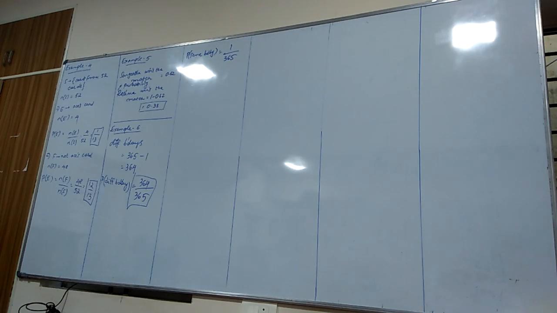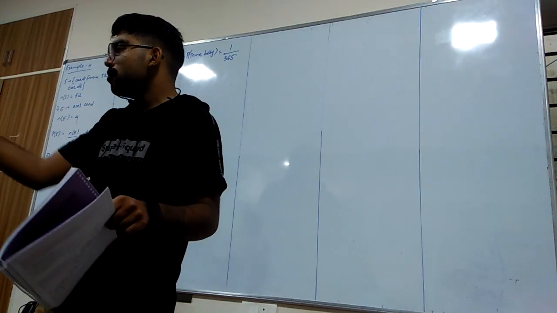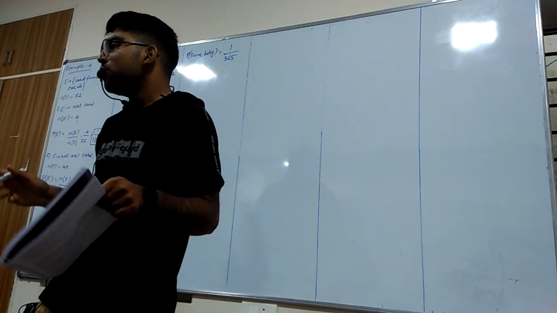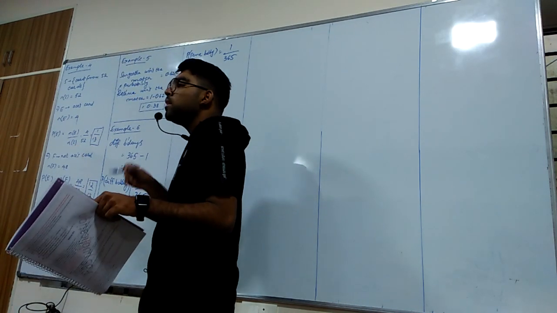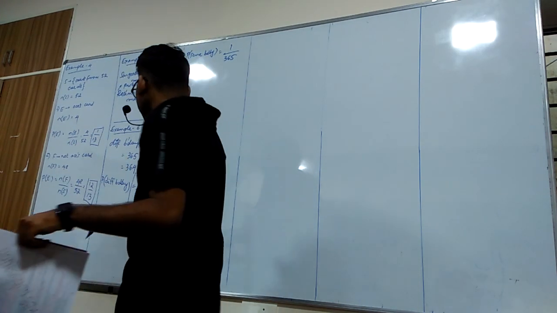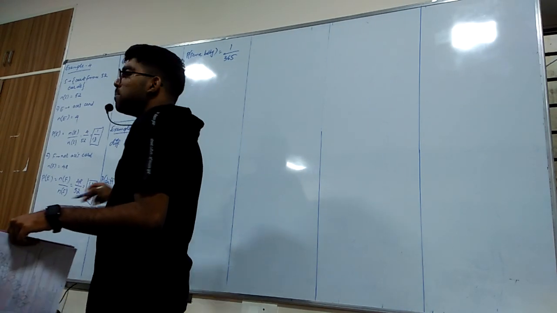Similarly, these people will also have their birthday on Monday. Out of 364 days, you will take 2 different days. Why not the other 365? Because that 1 day is the same birthday.